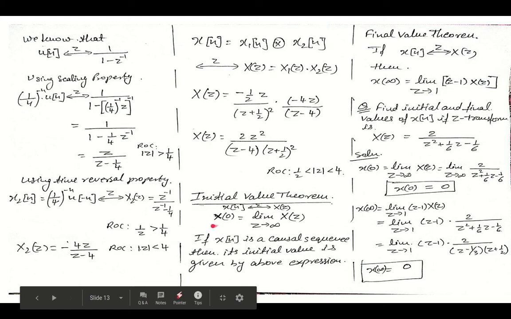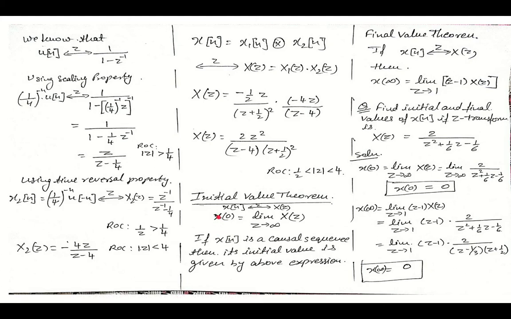This expression tells me about x[0], and it will be equal to the limit z tends to infinity of X(z). And similarly for the final value theorem, if I have x[n] and its z transform is X(z), then my final value, that is x[infinity], will be given as the limit z tends to 1 of (z minus 1) into X(z).